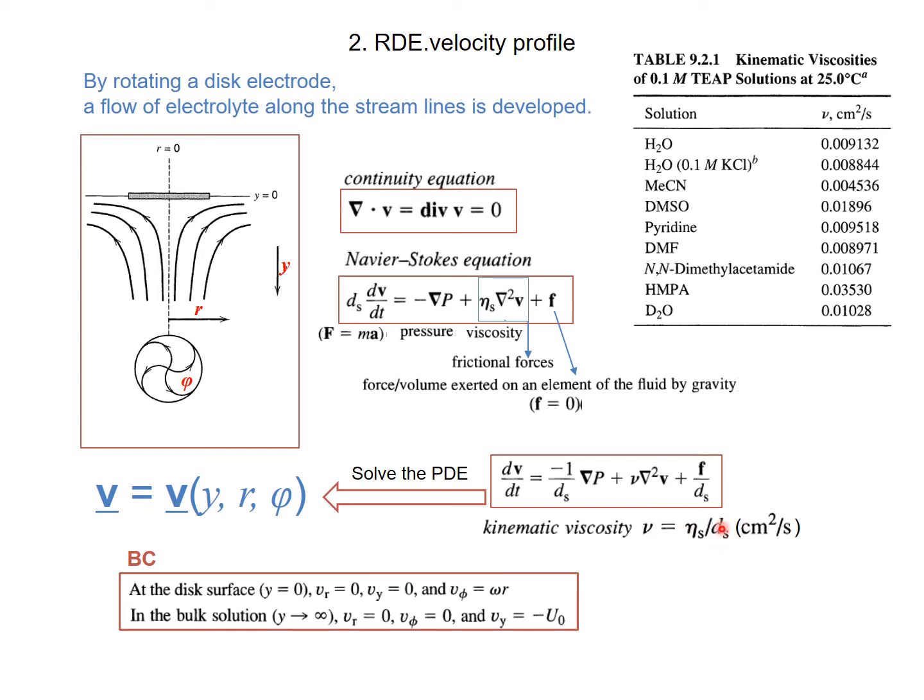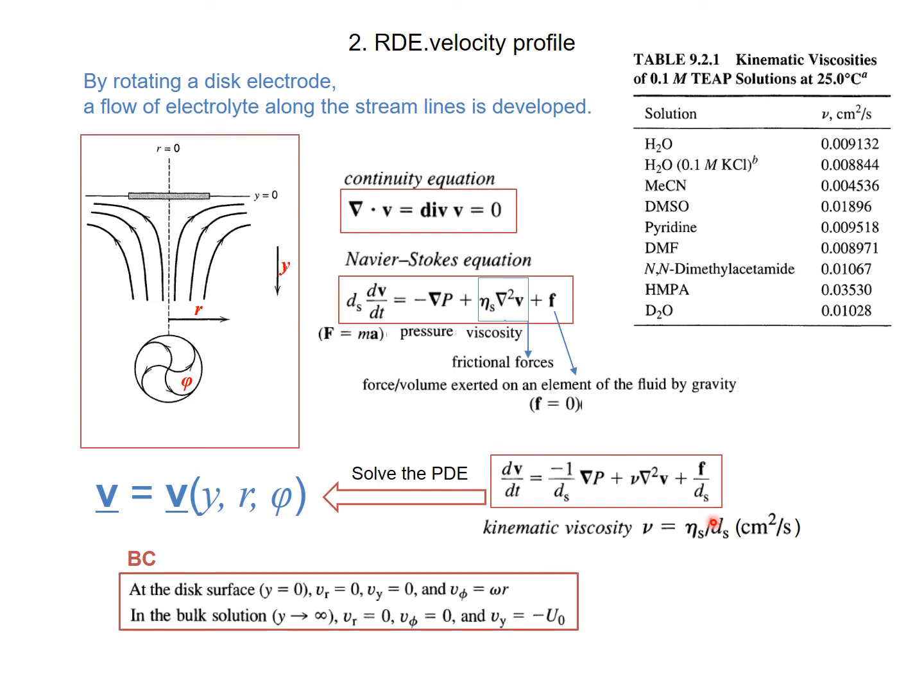The unit of kinematic viscosity is identical to the unit of diffusivity, like centimeter squared per second. I mean, the fluid is characterized by the kinematic viscosity, this single parameter in this equation.